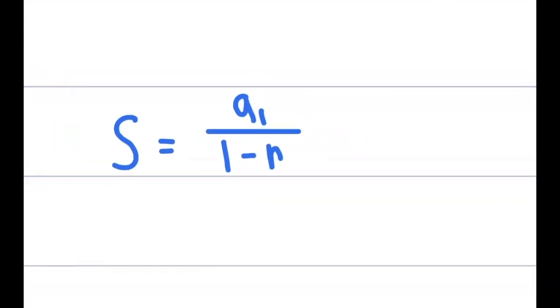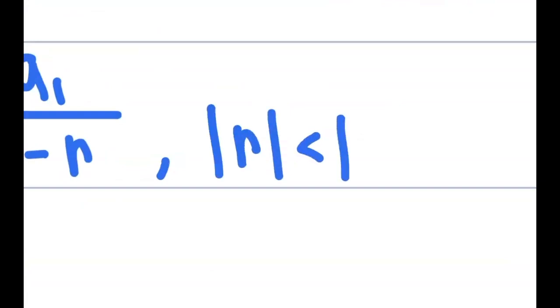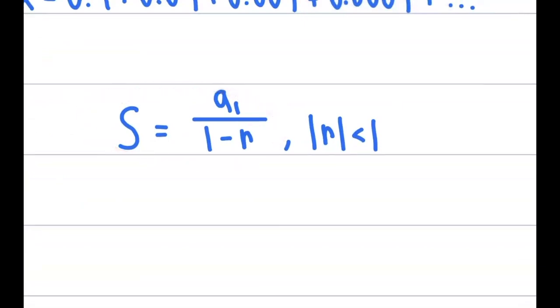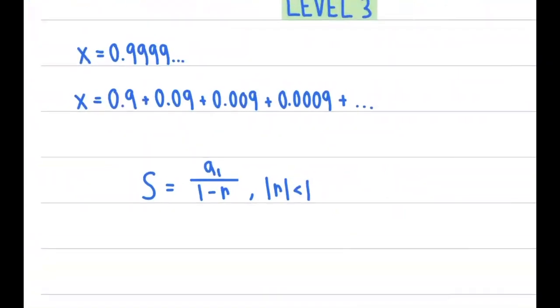And this is provided that the absolute value of r is less than 1. This only works when the absolute value of r is less than 1. Absolute value of r less than 1 just means that r is between -1 and +1. And if the absolute value of r is greater than or equal to 1, then this series has no sum. It diverges. It's just going to go off to infinity or something like that.